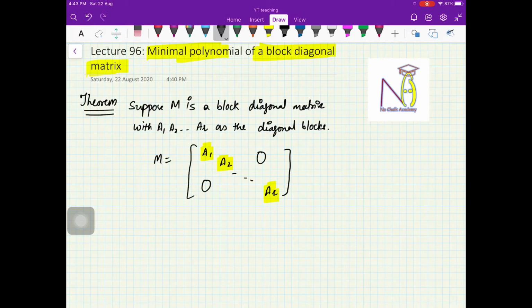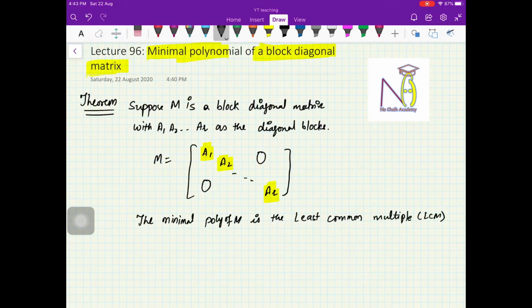Then the theorem says that the minimal polynomial of M is the least common multiple, that is the LCM, of the minimal polynomials of A1, A2, ..., AR.